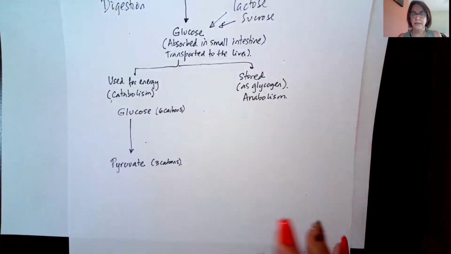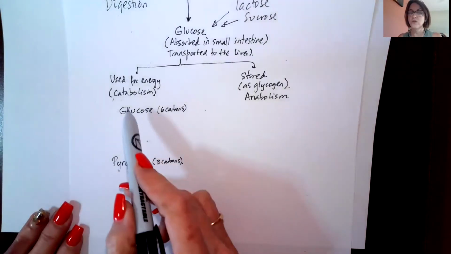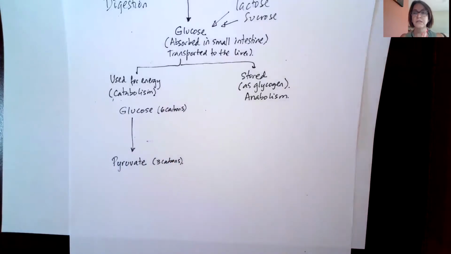depending on our needs, glucose can be used as a source of energy. It means we will use glucose in catabolic reactions. Or if we don't need it for energy or we have an excess of glucose, we will store this glucose for later use in the form of glycogen, which is a polymer of glucose units.